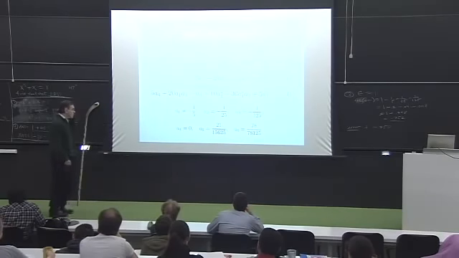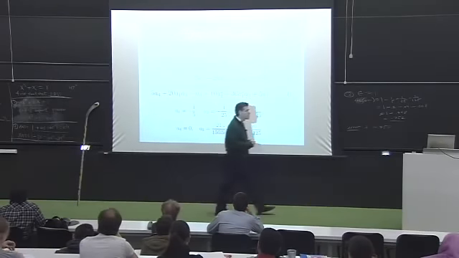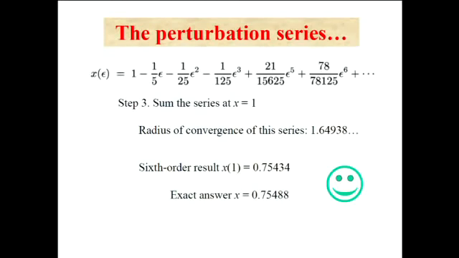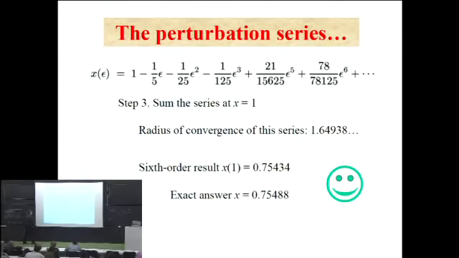There is a formula for these numbers, and you can guess it if you just play. And if you look hard at those numbers, you can guess what the radius of convergence of the perturbation series is. And the radius of convergence is 1.649. Okay, now that's very good, and it's very lucky, because we were putting in epsilon equals 1.